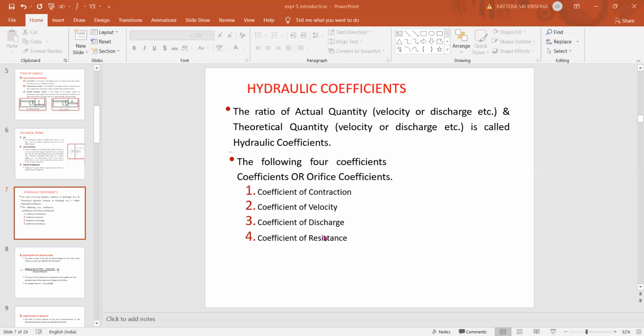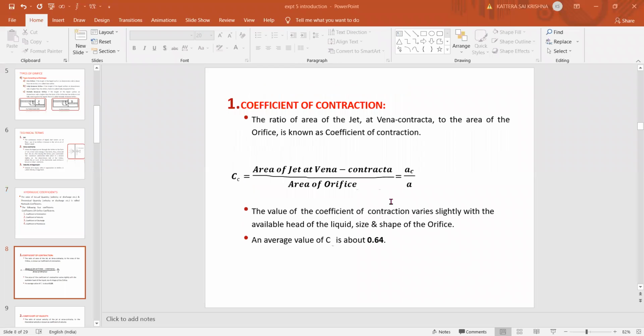This coefficient of resistance we will always neglect, but we need to know what it is. Now we'll see these terms. First we'll see coefficient of contraction.